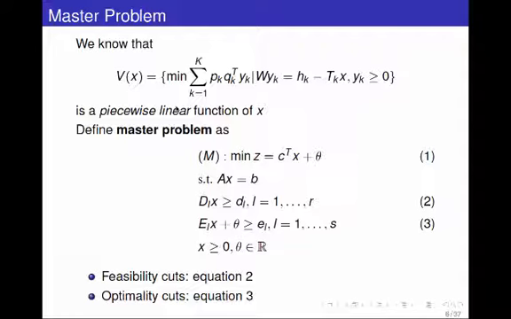So, for example, if my value function, if my v of x were this function here, I know before I even attempt to solve the problem that it's a piecewise linear function.